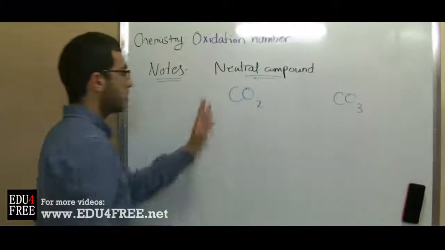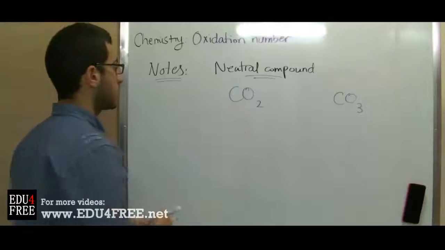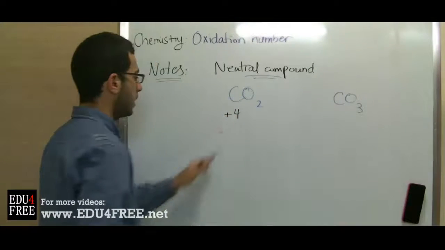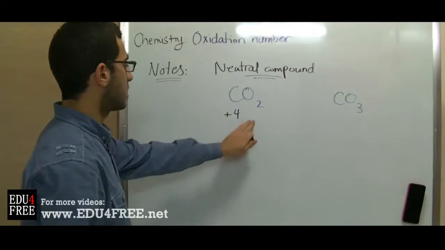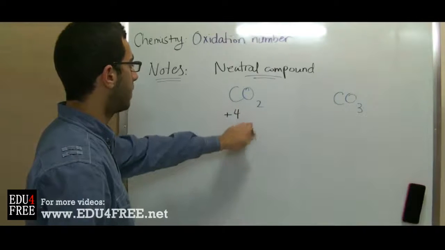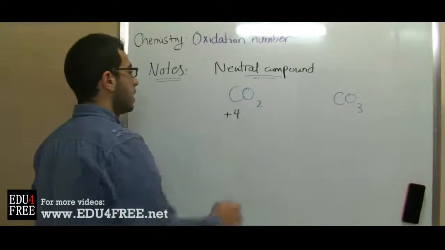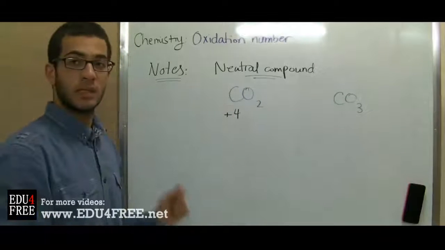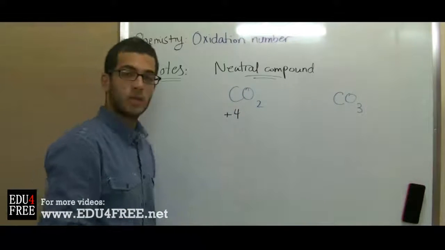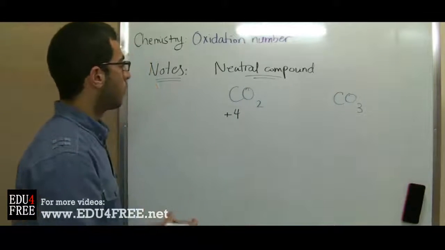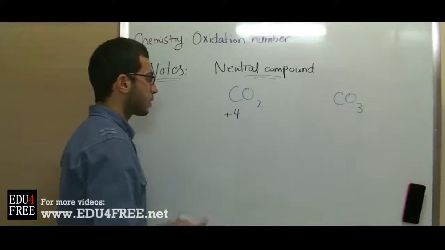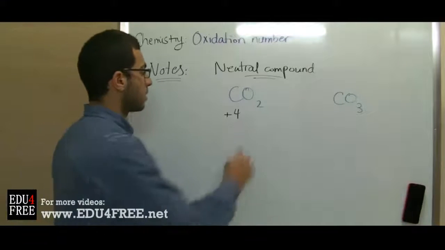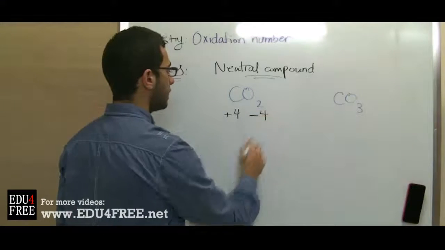Now, the oxidation number of carbon, as we mentioned, is positive 4 because it contains 4 electrons in the outermost energy level, so it loses them or shares them with the oxygen. The oxidation number of one atom of oxygen is negative 2. We have here 2 oxygen atoms, so we will have a total number of 4 electrons needed by oxygen. So here we have negative 4.